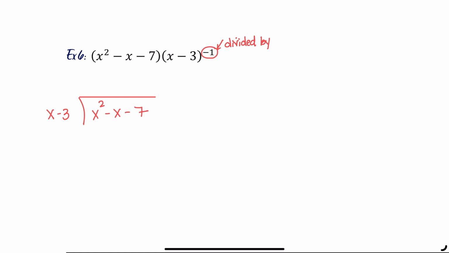All right, I will go through the process of starting with x squared divided by x. And when I do x squared divided by x, I simply get x. I'm going to take the x times the binomial of x minus 3, leaving me with x squared minus 3x, but I don't want to forget that I have to distribute negatives.